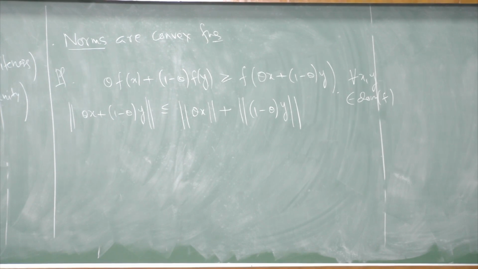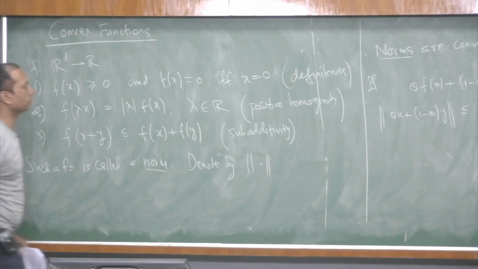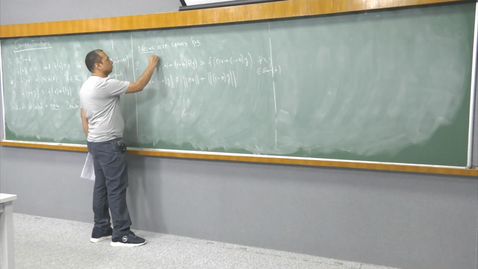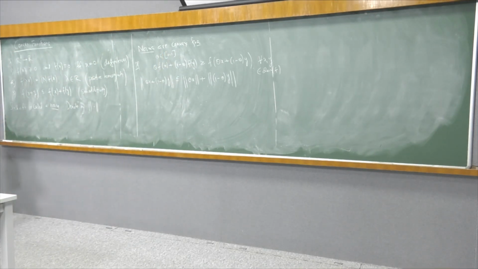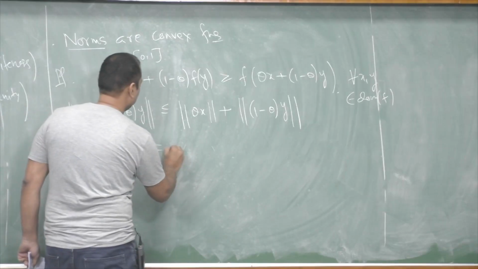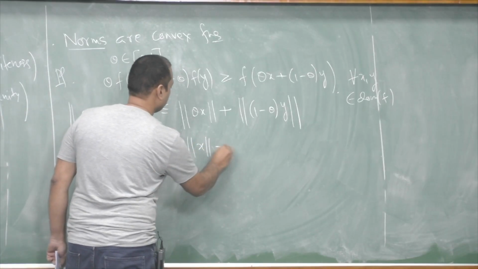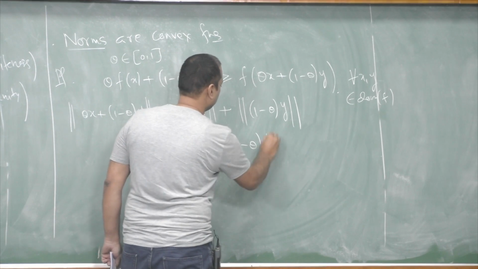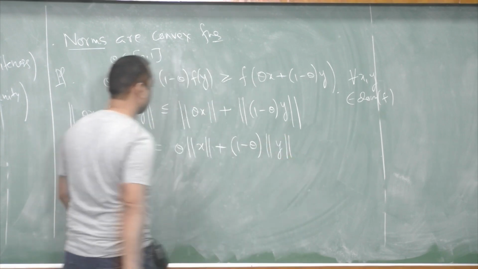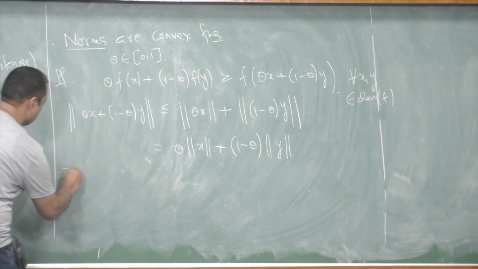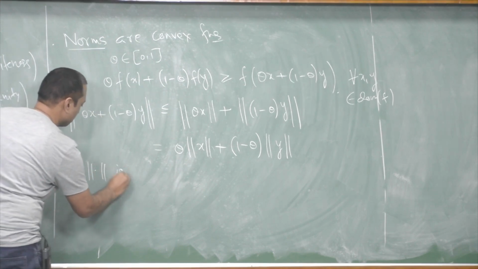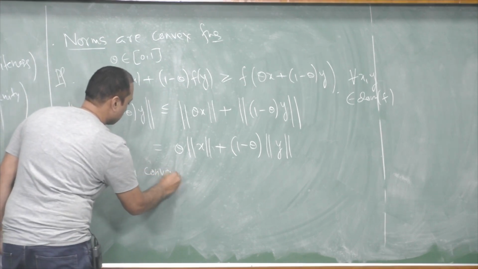What comes out will be mod of theta. Theta is anyway between 0 and 1, so that is already positive, and we do not have to put a mod when theta comes out. So this is theta norm x plus 1 minus theta norm y. That is exactly what convexity means, right? So this implies that the norm is a convex function.